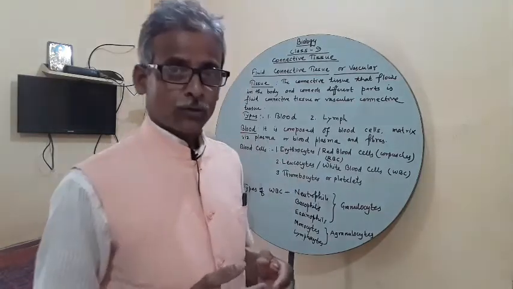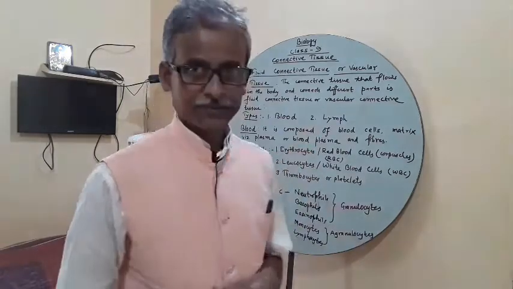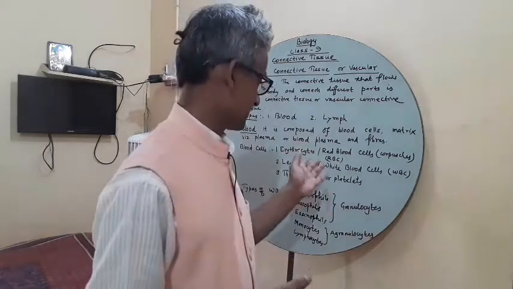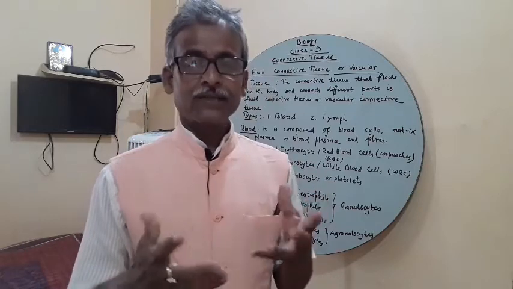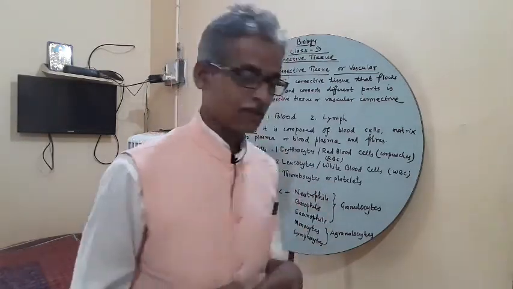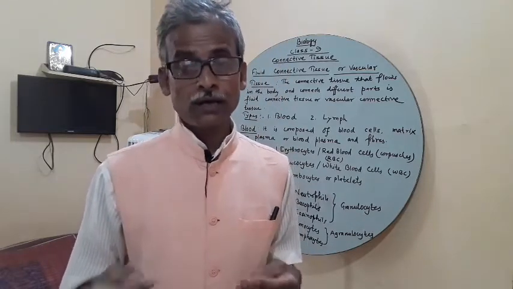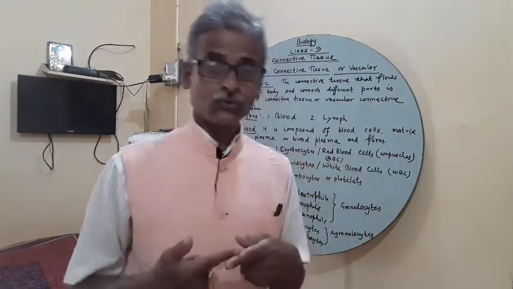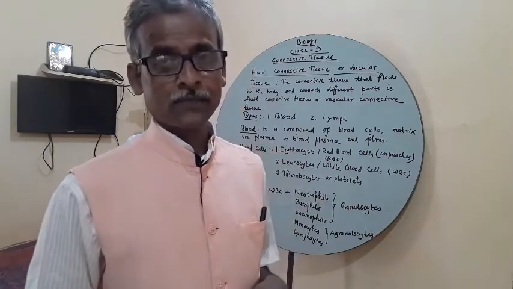We shall study more about the structures, how the cells of erythrocytes, leukocytes and thrombocytes are, and what the normal ratio of these WBCs is, and how much of erythrocytes, leukocytes and platelets are found in a normal person.